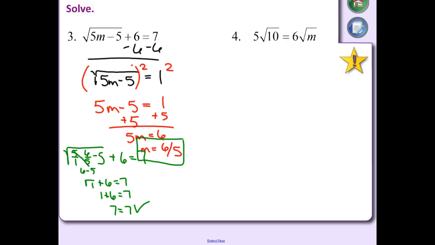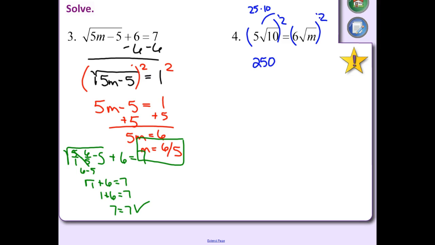All right, number 4 is the one. It's going to take us a little while to get there. So I've got to start by squaring both sides to get m out of the radical. So this is going to be 5 squared, which is 25, and then we've got the square root of 10 times the square root of 10, which is 10. So this is going to be 250.